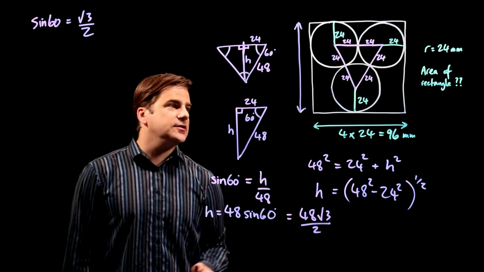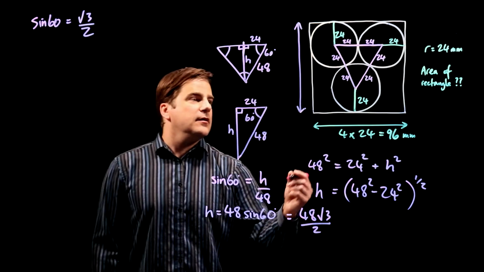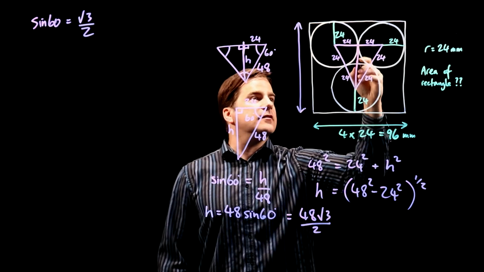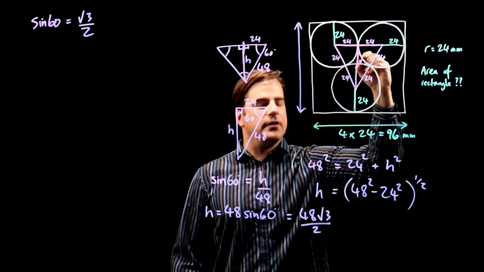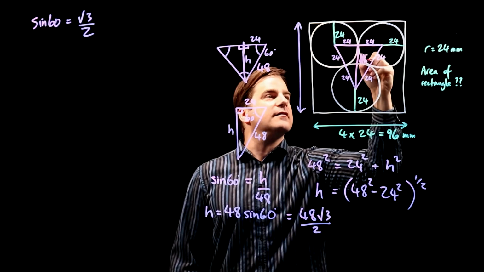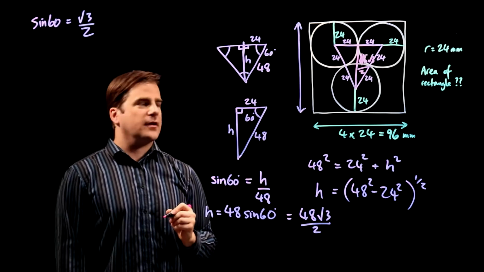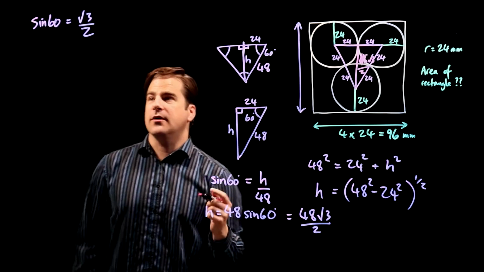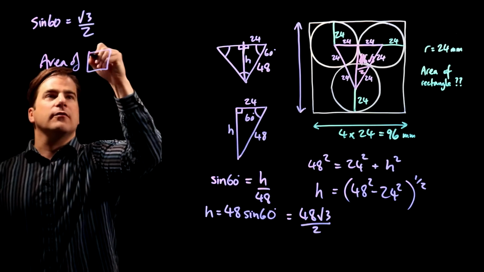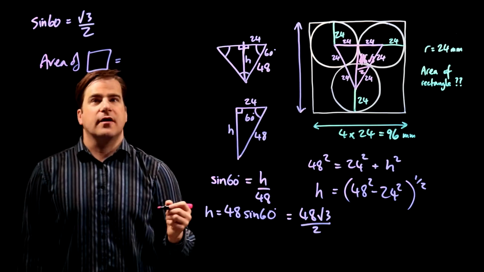Okay, so we've got h. So we know the distance from there to there. It's 48 root 3 over 2. Right, so area of rectangle is width times height.